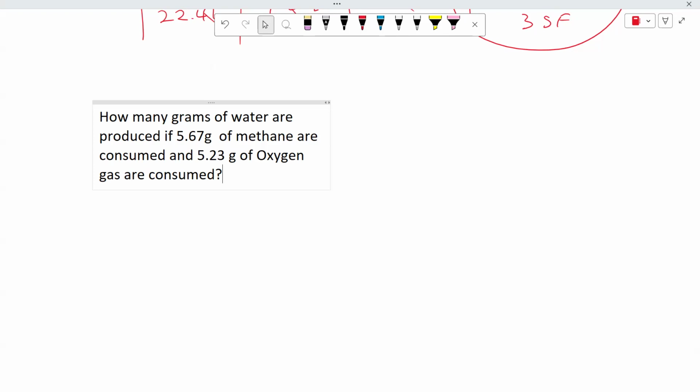So how many grams of water produced? We have two givens. Two givens.